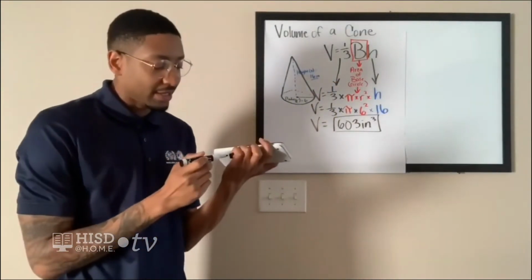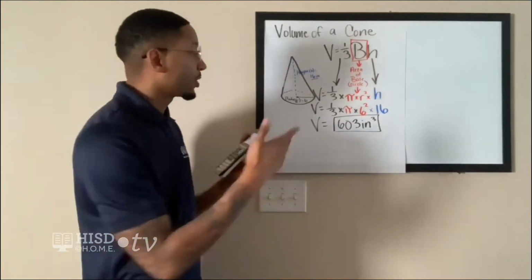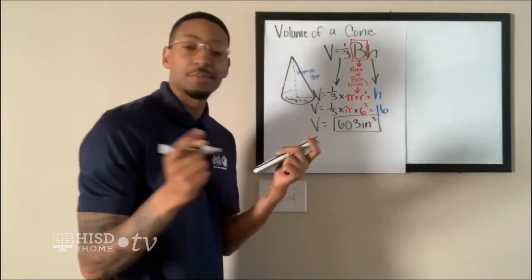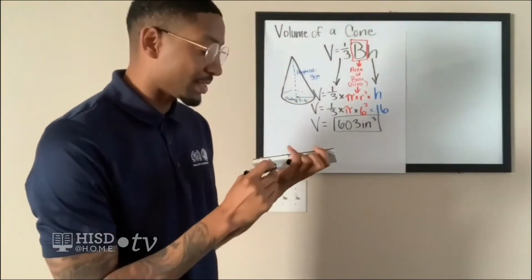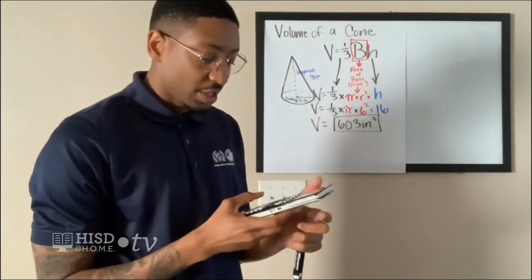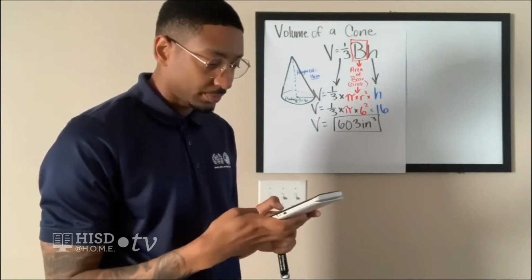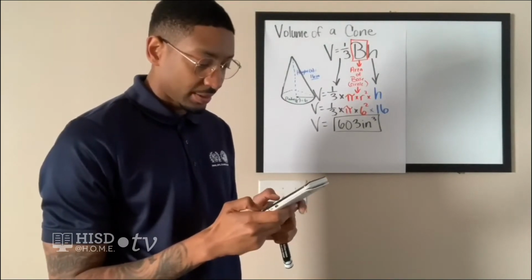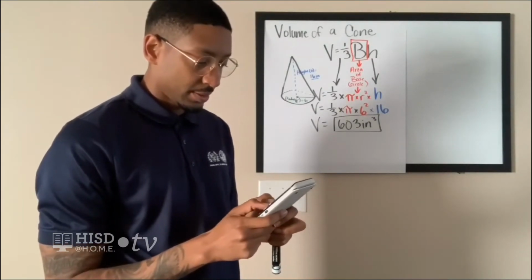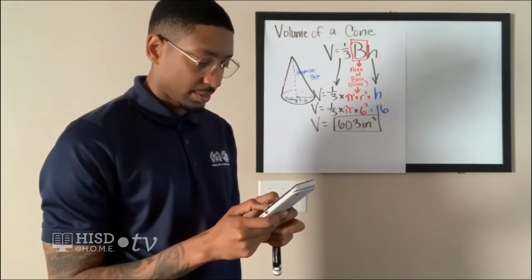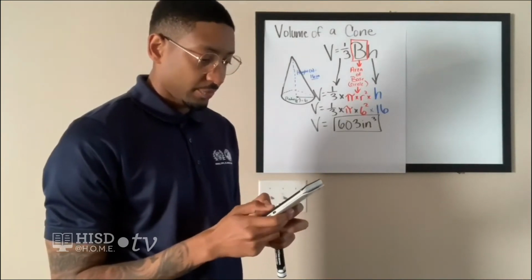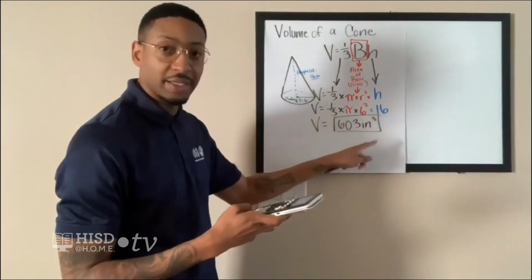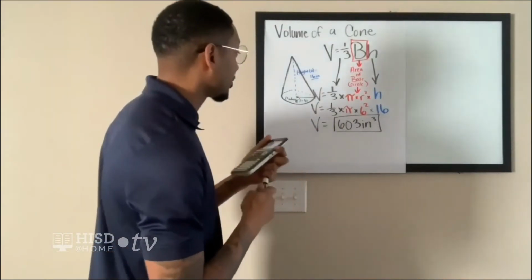If I want to have it in pi format with the pi on the end as a variable, I just multiply the 6 squared times the 16 times the 1/3. So when I multiply the 1/3 times the 16, so 1/3 times 6 squared times 16 will give us 192.